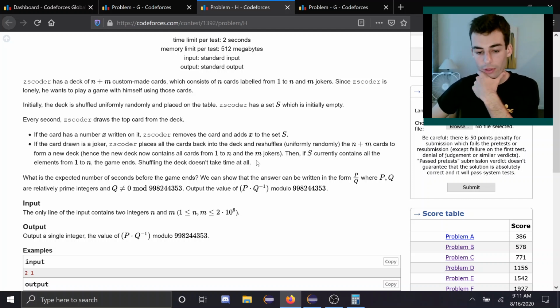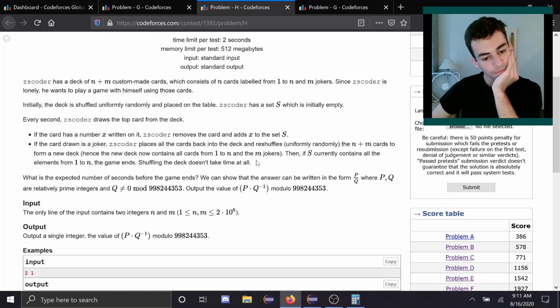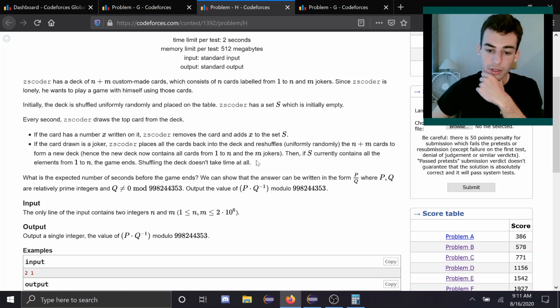Then the expected payout for the joker is weird because then our DP cycles, so we have to do math in order to fix that. Oh, but the number of jokers is always constant.